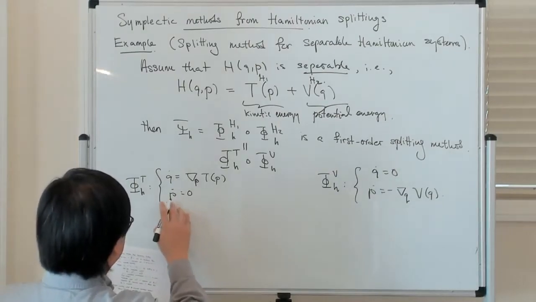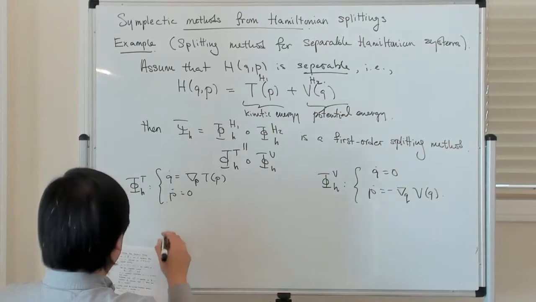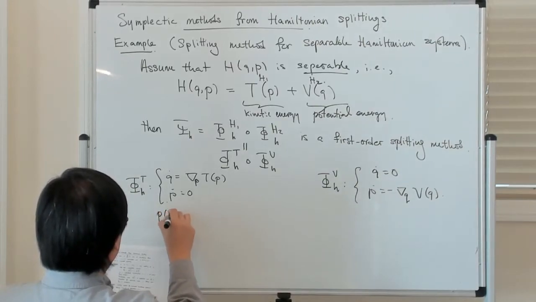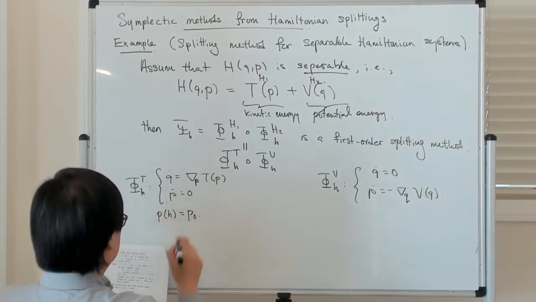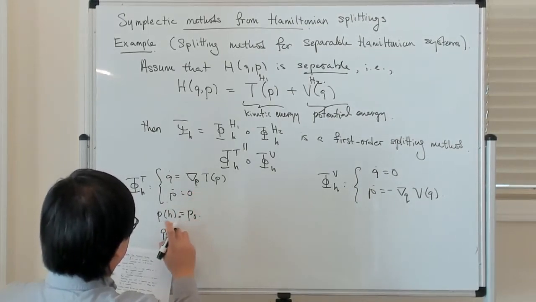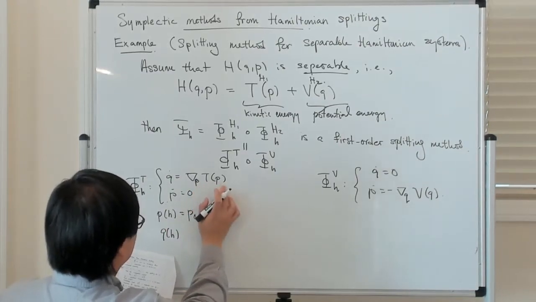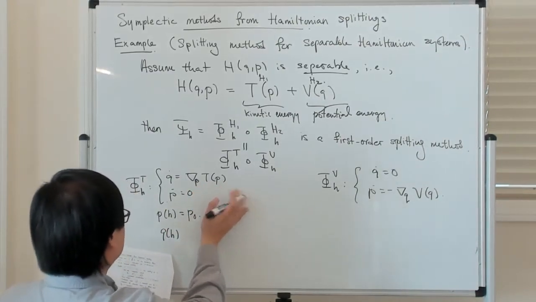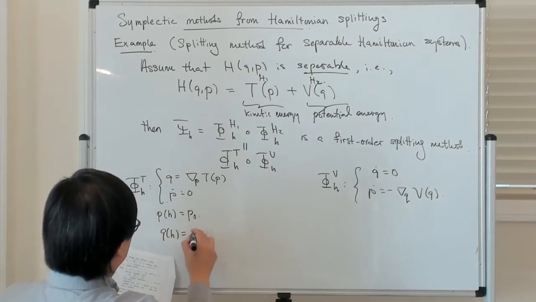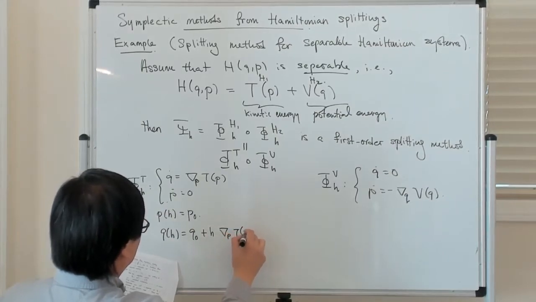You can easily convince yourself: p dot is equal to 0, so p doesn't change. So p(h) is just p_0. Then q(h): since p is constant, the gradient of T evaluated at a point is again a constant. So q(h) becomes q_0 plus h times the gradient evaluated at p_0.